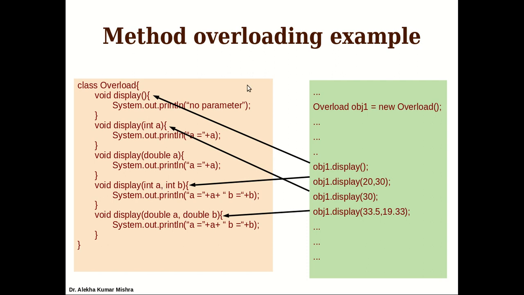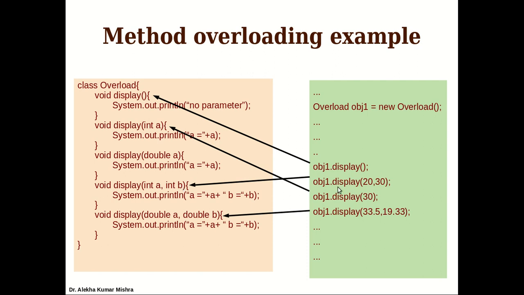The right hand side part is the main function. We have created an object obj1 of the Overload type, and we call each display. When we call display without any argument, it matches the first display method. When we pass two integers, we have a method already defined with two integers, so it matches the second one.